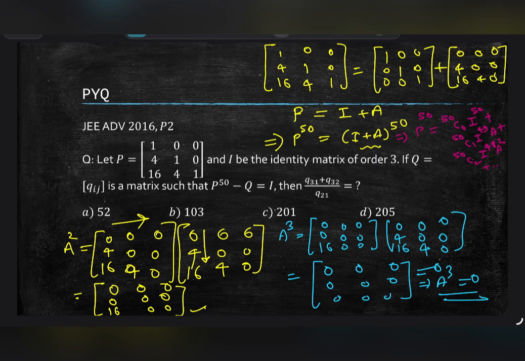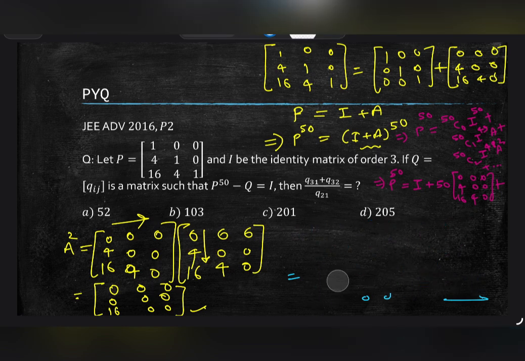And the next term will be 0, since from A cube onwards the matrices are 0. So basically we will get P power 50 equals NC0 times I, plus NC1, which is N, so 50C1 will be 50 times A, plus 50C2. We know that NC2 is N into N minus 1 by 2, so 50 into 49 by 2.